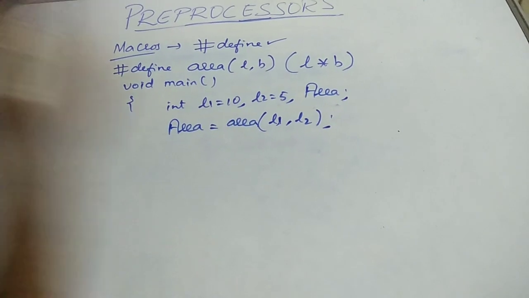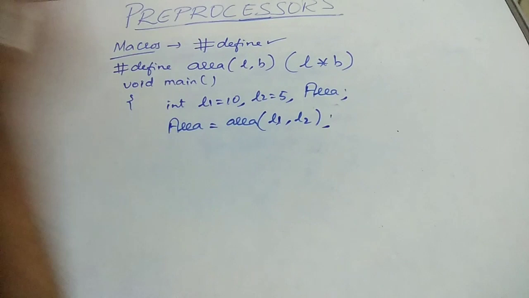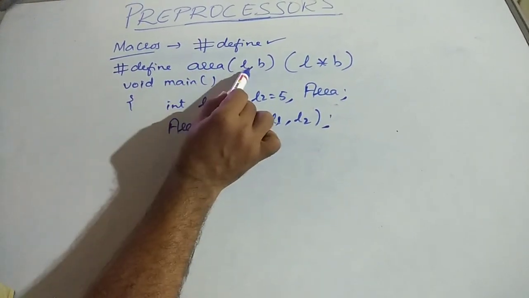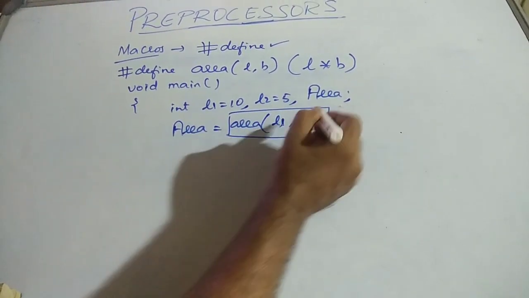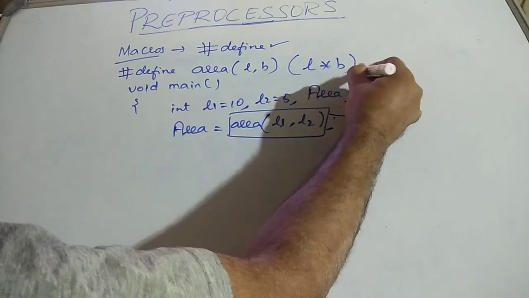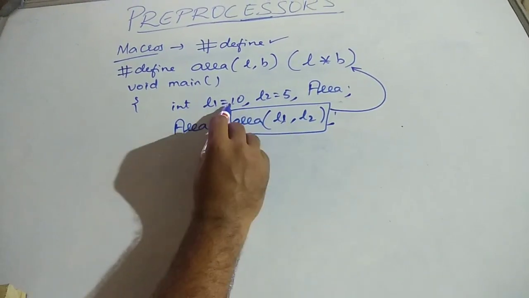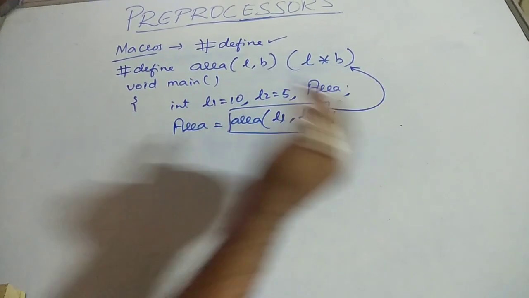Is it clear? Now here I am making a call for the function by passing 2 parameters. We have defined one macro by name area which takes 2 parameters. So when this entire part is executed, this entire thing will be replaced by the text, that is L into B. Is it clear? Now what is L1? 10. What is L2? 5. So 10 into 5, you will get the answer as 50.